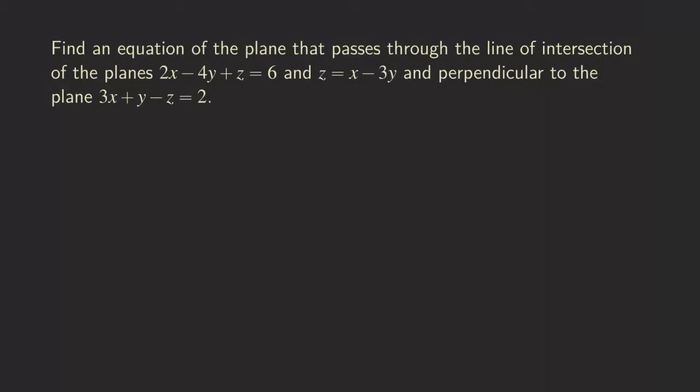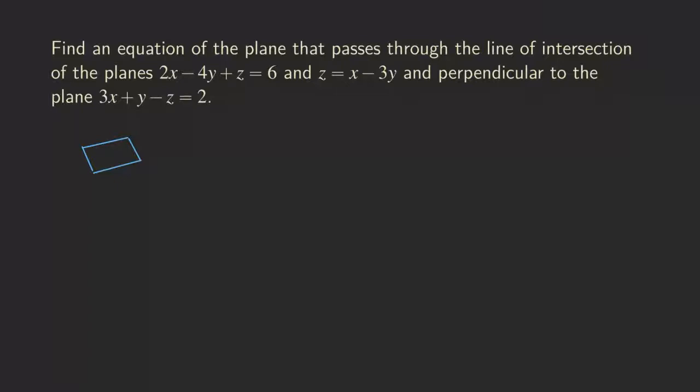So first, let's just do a sketch here. I'm just going to use blue to show the stuff that is given to us. We are given two planes and they're going to form a line of intersection by intersecting. So let me just draw a plane right here. Let's say we have a plane.